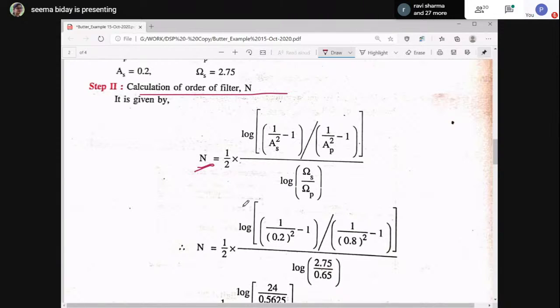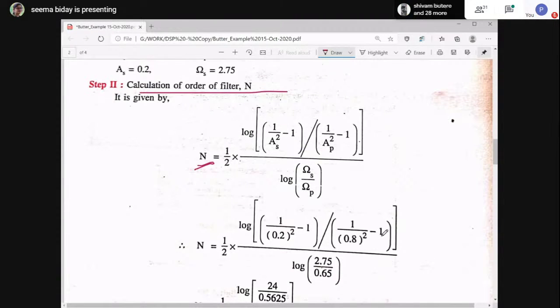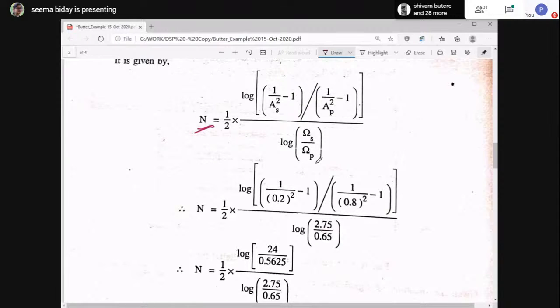So now n equal to half log of (0.2 square minus 1) divided by (0.8 square minus 1), where AS is given as 0.2 stopband attenuation and AP as 0.8. And omega S and omega P you have calculated. Omega S is 2.75 and omega P is 0.65. This is not WP and WS. Keep in mind, this is capital omega, meaning analog, right?